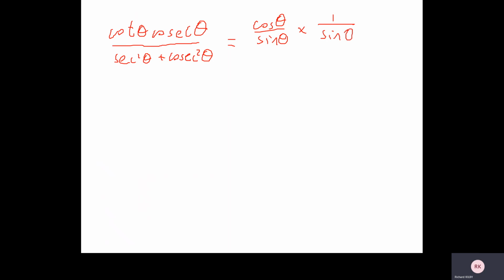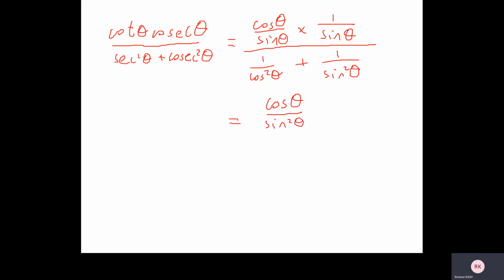And then all over a big line, sec squared is 1 over cos squared theta, and cosec squared is 1 over sine squared theta. So we've got that top line. I'm going to neaten it up a little bit and write it as cos theta over sine squared theta.